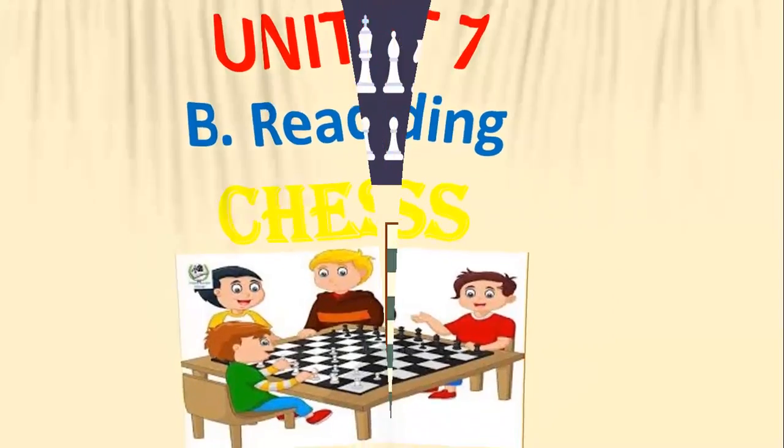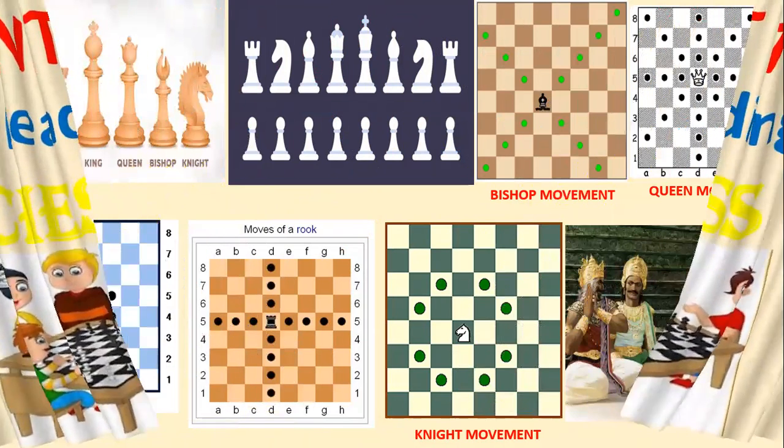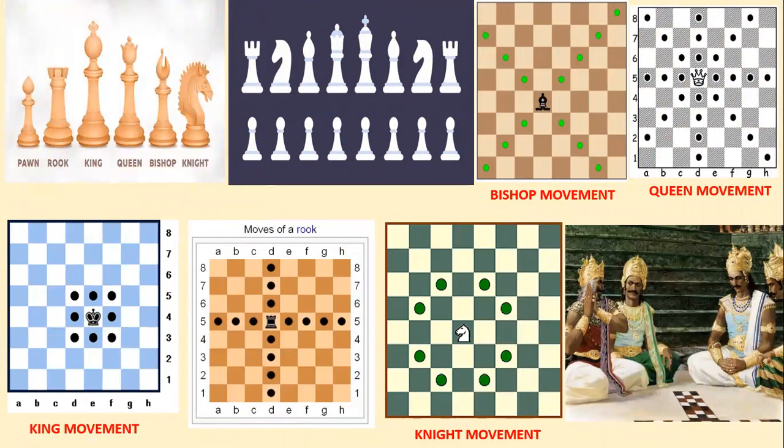Now, before going to know about the B reading session, let us recall what we have learned in A reading. We have known the names of the different coins.